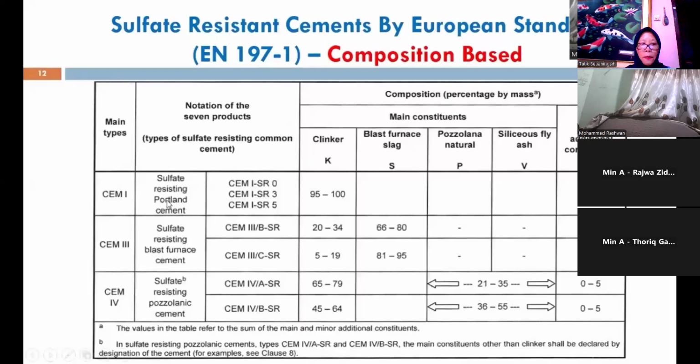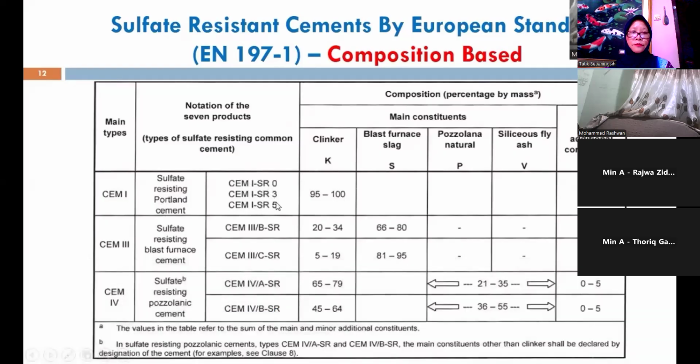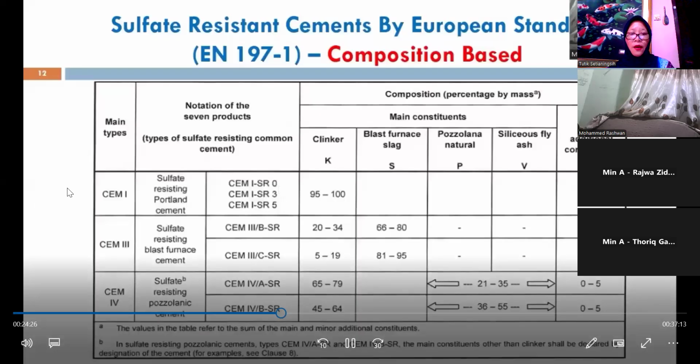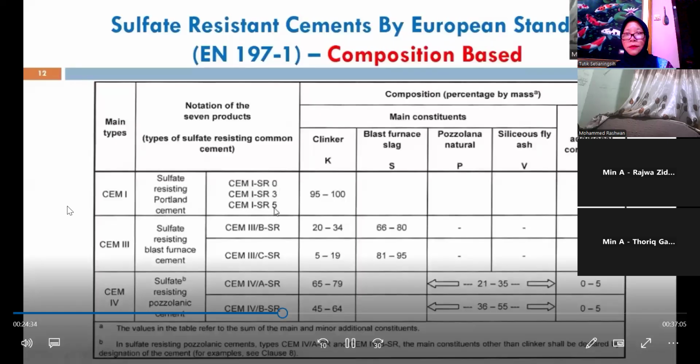CEM I sulfate-resistant Portland cement is classified into three subdivisions: CEM I SR0, SR3, and SR5. The same percent of clinker, but the phase composition is different, because in this case the C3A, or tricalcium aluminate phase, in this type of cement ranges from 0% to 5%. Why do we speak about C3A in sulfate-resistant cement?